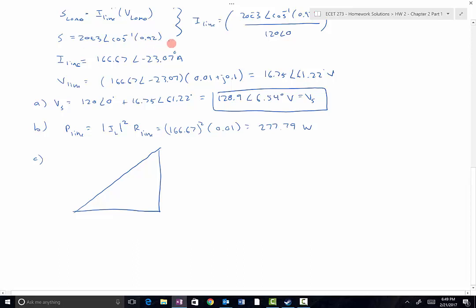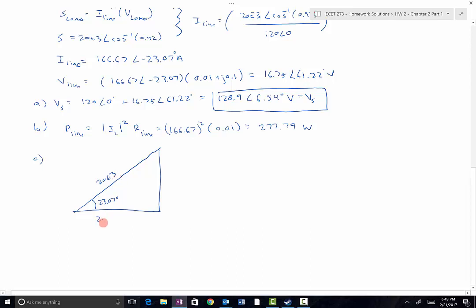I didn't calculate it before, but we know that the angle of the apparent power is always opposite to that of the current, so it's 23.07. So this angle here is 23.07 degrees. That means this is 20 e to the third volt amps.